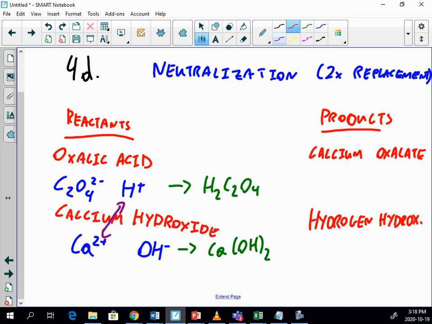So my calcium oxalate, that's based on the Ca2+ and the C2O4 2-, but those balance actually. So I get CaC2O4. And then the hydrogen hydroxide, well, that's just an H balanced with an OH, better known as H2O.